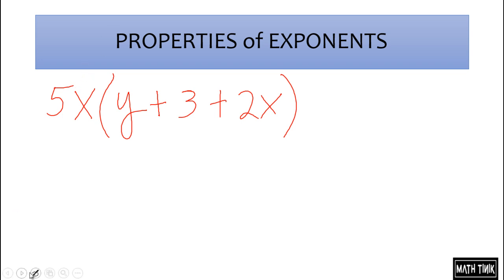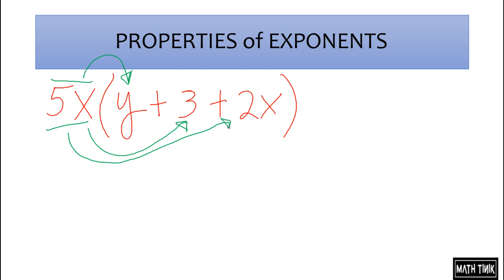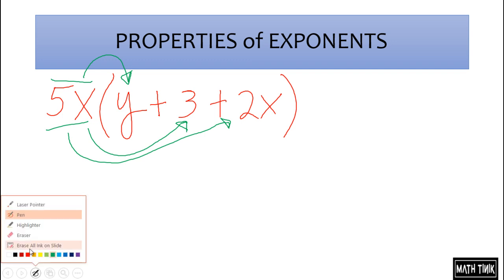So, ganito ang gagawin. Okay, so, you multiply the 5x here, you multiply 5x also dito, and here. Also, multiply it here. So, one by one, let's multiply, and it will give us an answer, 5x times y.